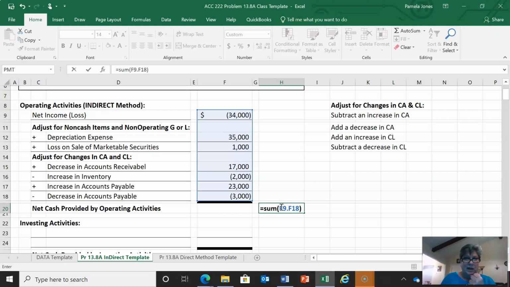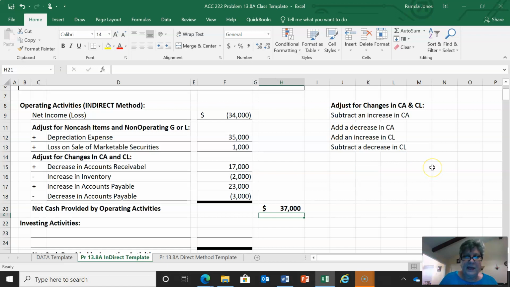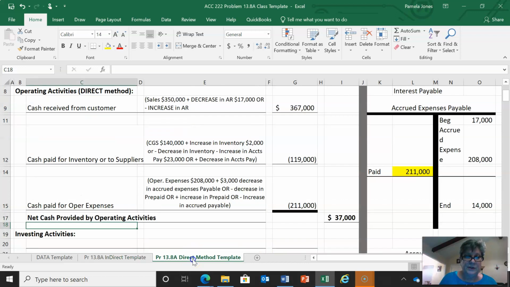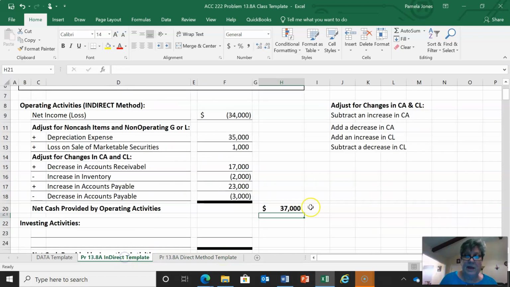So I make sure I've got everything in that formula, and I do. And my net cash is positive, so cash provided by operating activities is $37,000. And notice that is exactly the same net cash provided by operating activities that we got under the direct method.